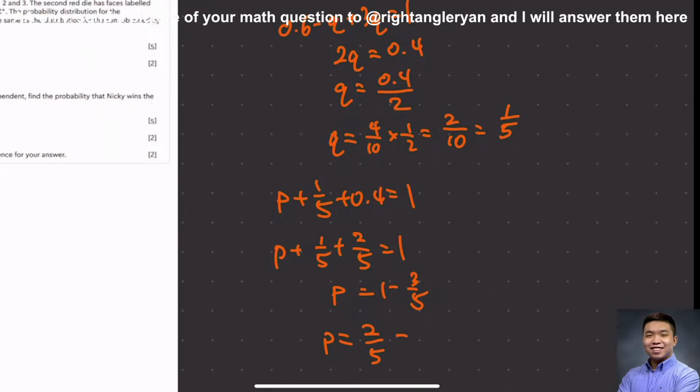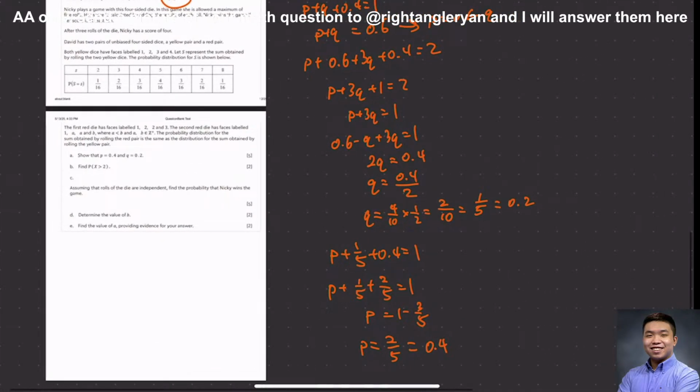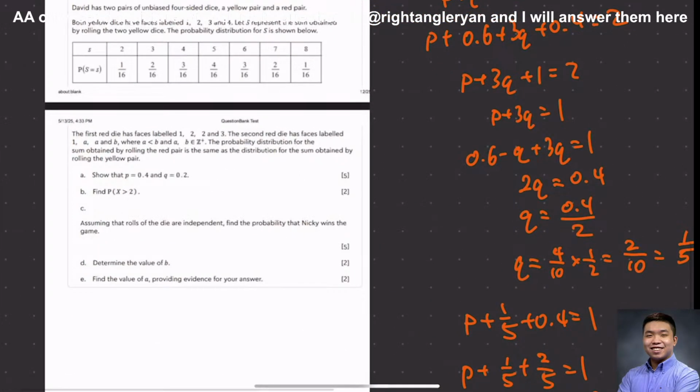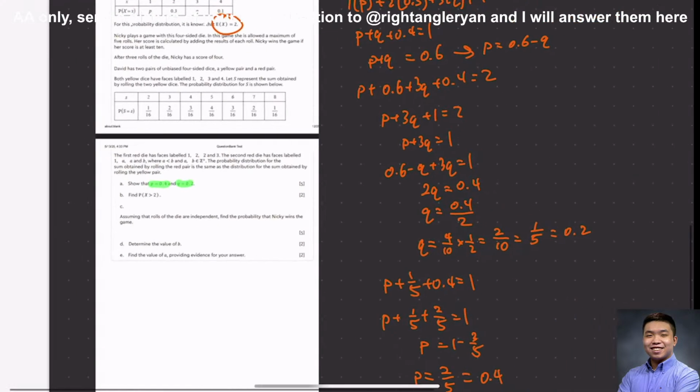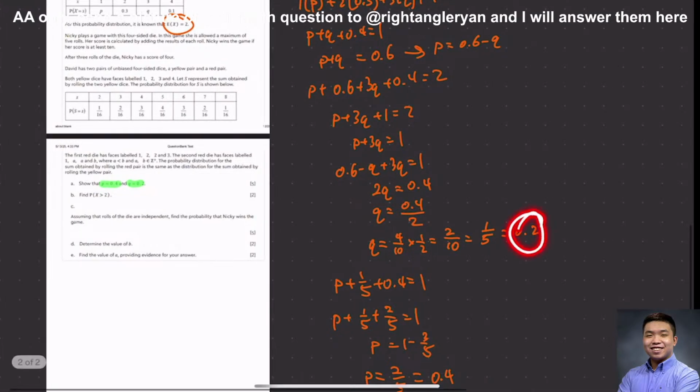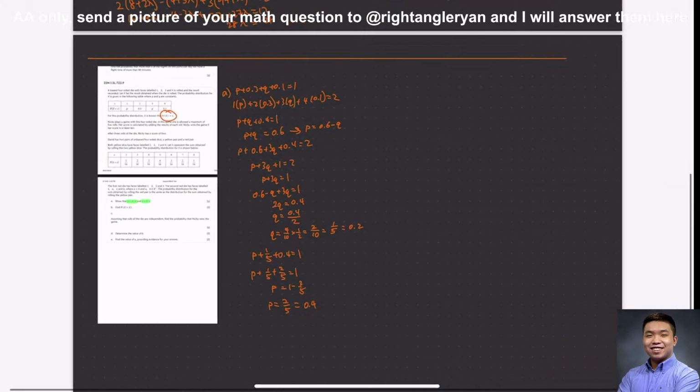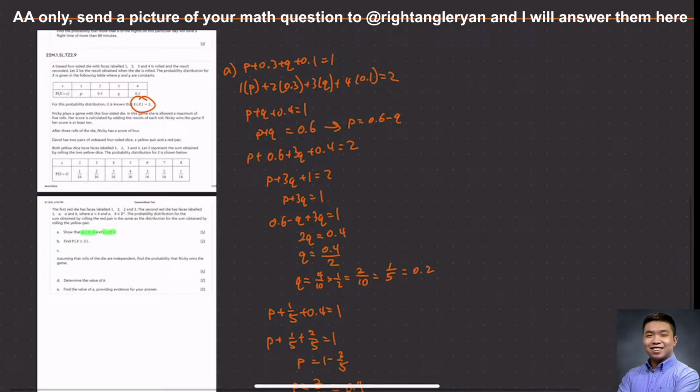If you want to make it a decimal, P is 0.4 and Q is 0.2. We need to show that P is 0.4 and Q is 0.2, so that's why we have to change it to a decimal. Okay, so that's the first part.